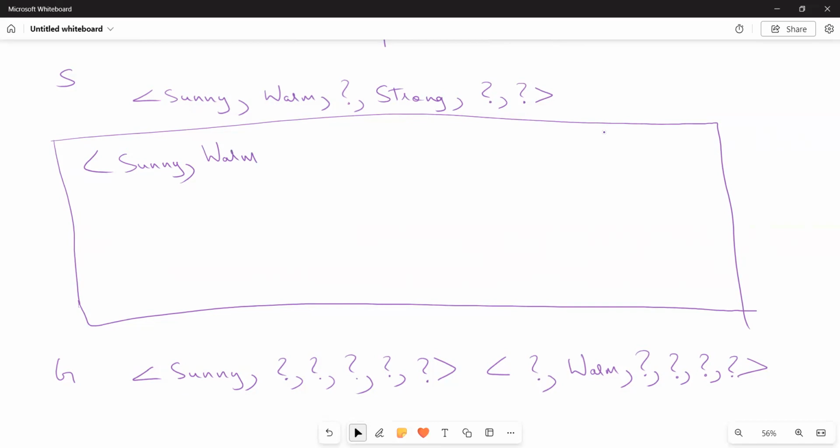Then I compare now with my second specific value. Comparing the same, I will be getting question marks, right? And then I compare again the same with Strong. I'm comparing.